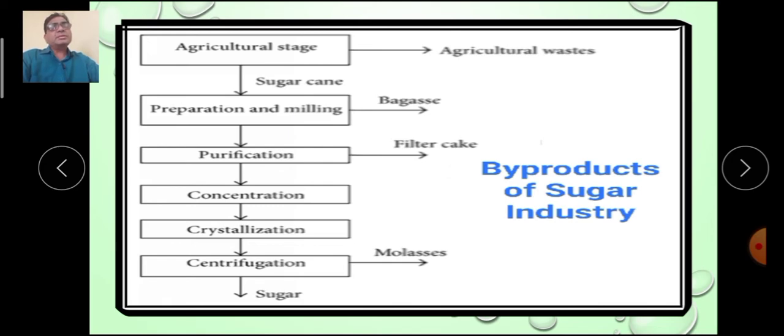When the leaves are kept for drying in the field, they are converted into manure, and thus a fertilizer is formed, that is a biocompost, which enriches the quality of the soil. Therefore this byproduct is also important.